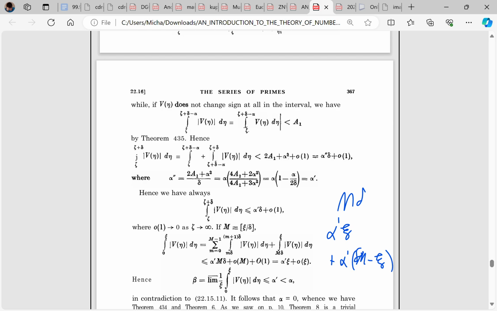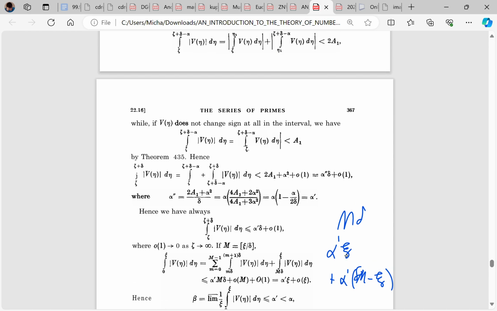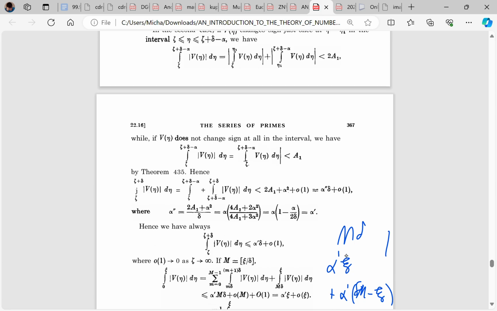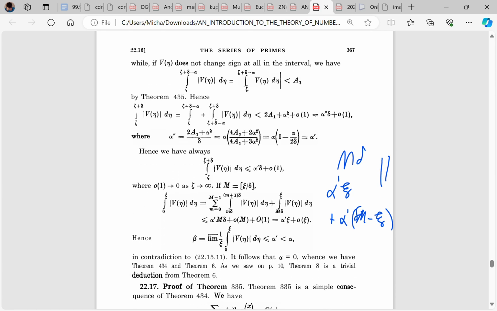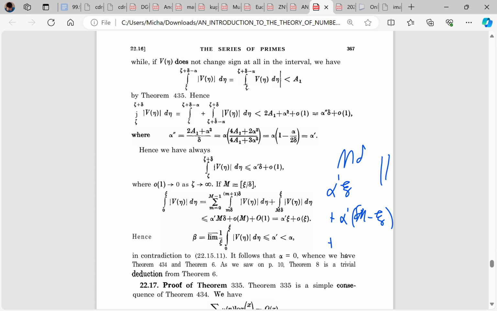So little o of... okay, I should write this. So it's plus, so this thing equals alpha prime xc plus alpha prime delta (m minus xc) plus little o of big M plus big O of 1.